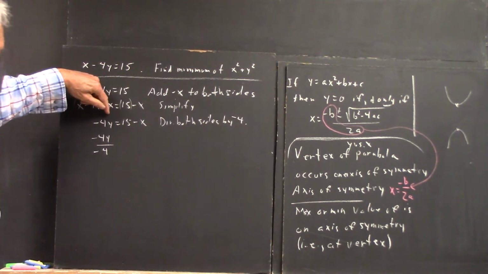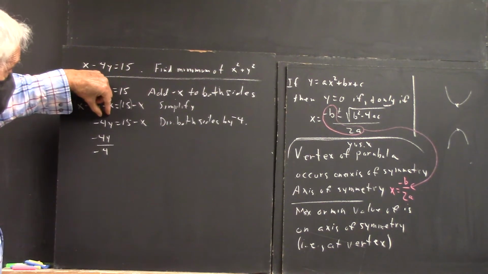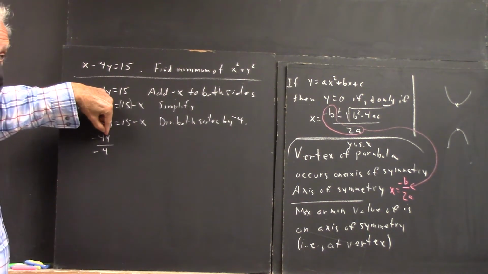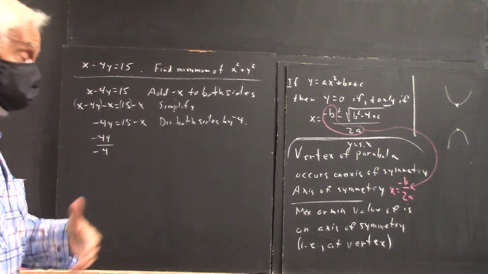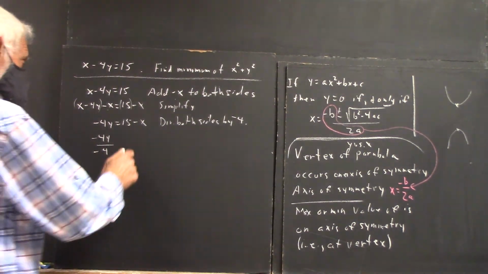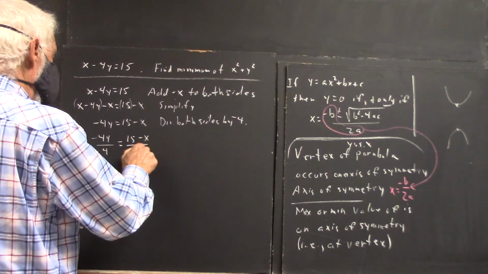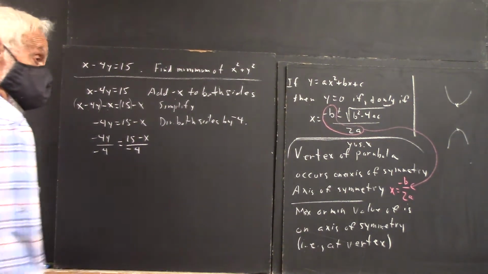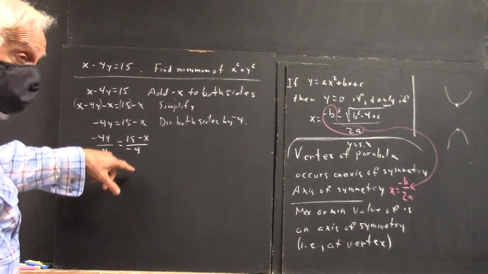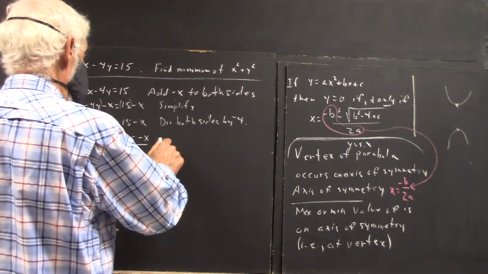You divide them by whatever number is in front of y. You wouldn't divide by 4 because that would give you negative y and you'd have an extra step. But you could get away with that as long as you remember to then multiply by negative 1. But it's easier if you do this, and remember that's a negative 4 like I almost did. Okay? So now we've divided both sides by negative 4.